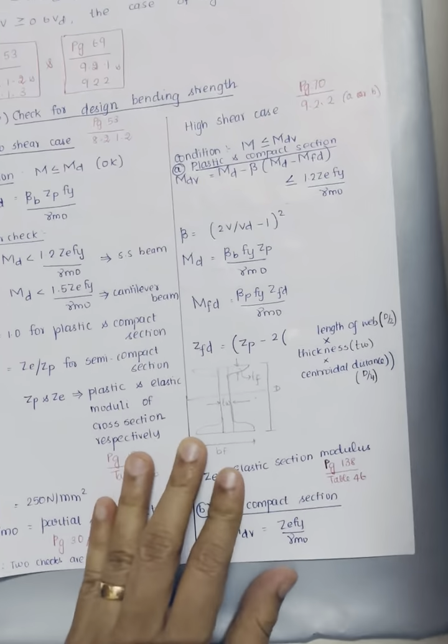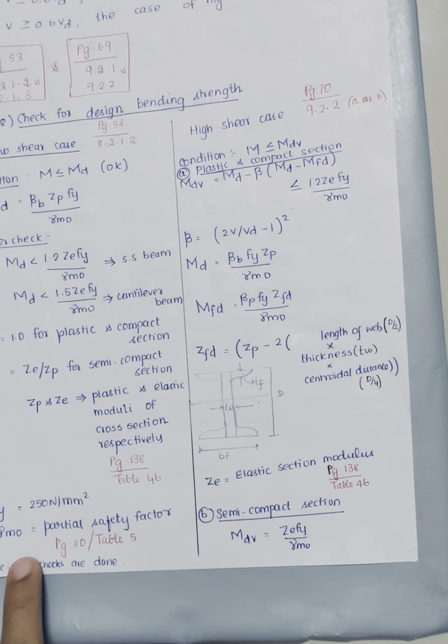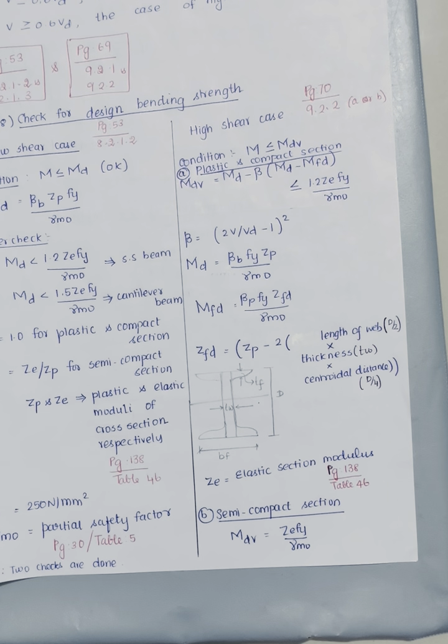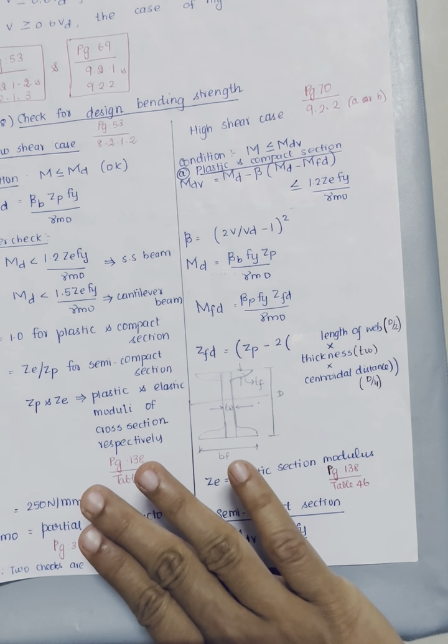Everything is directly given in the code book. We have already taken Fy as 250 Newton per mm square, and gamma M naught from table number 5, page number 30. When these two checks are done and the values come out less, then the condition is safe. Now this is the low shear case.